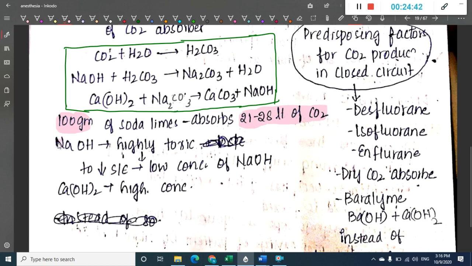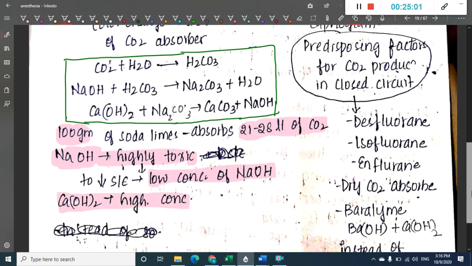The NaOH which you see is highly toxic. So in order to decrease the side effects of NaOH, it is given in lower concentrations and is made to regenerate back by giving a high concentration of calcium hydroxide. So this is how the reaction occurs.